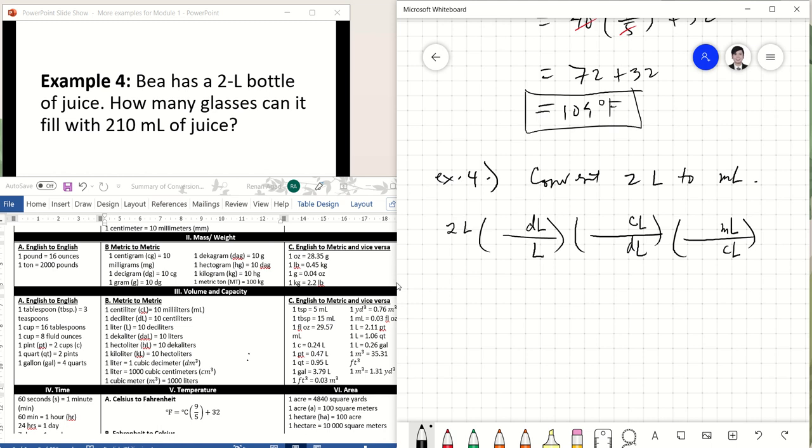So 1 liter is 10 deciliters, then 1 deciliter is 10 centiliters, and then 1 centiliter is 10 milliliters. You cancel out the L and CL, and what is left is just ml. So 2 times 10 times 10 times 10 is 2000 ml.